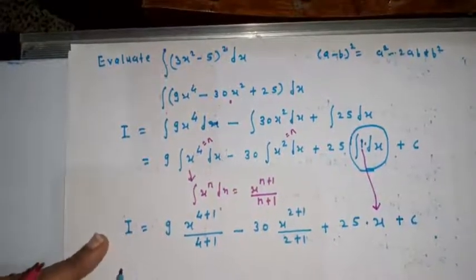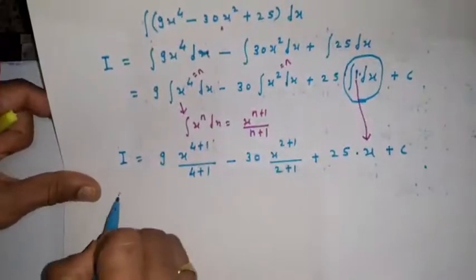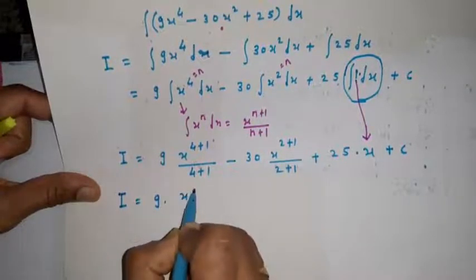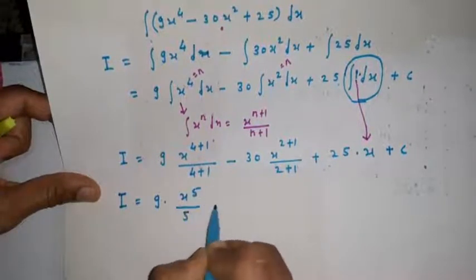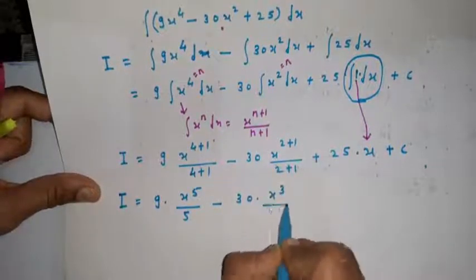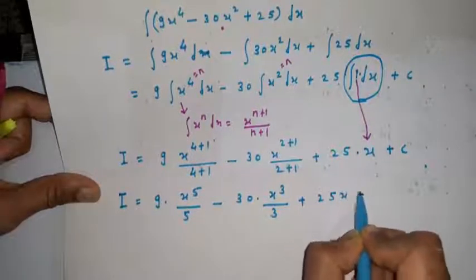And therefore here the integration I equals 9 into x raised to 5 upon 5 minus 30 into x raised to 3 upon 3 plus 25x plus c.